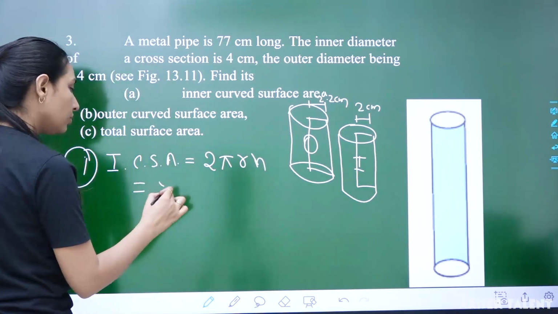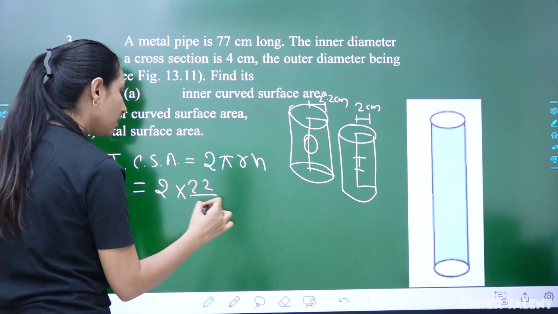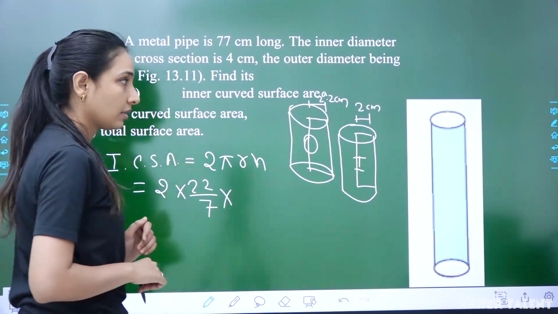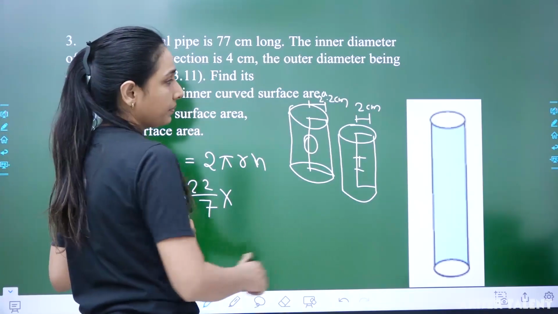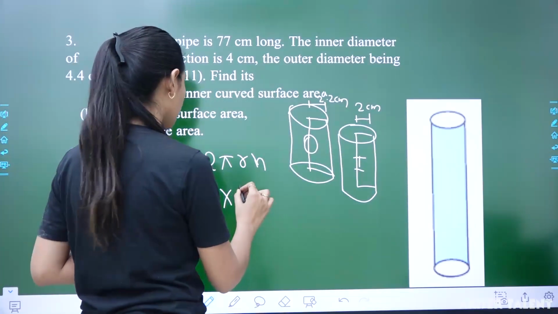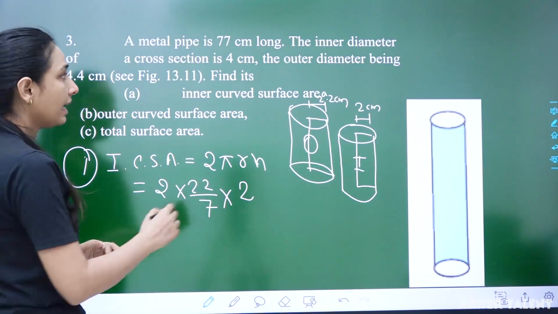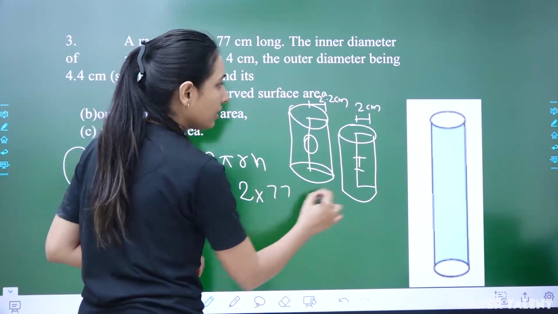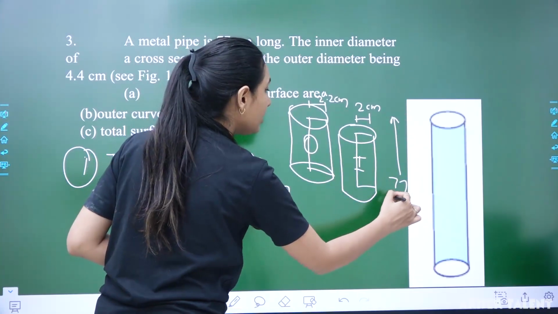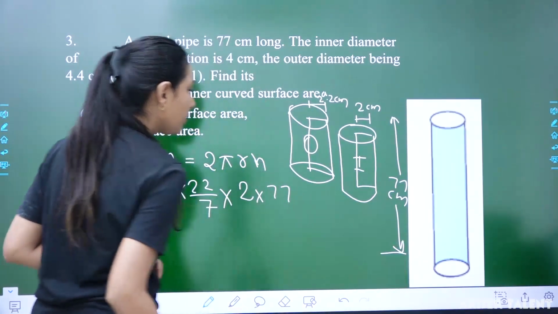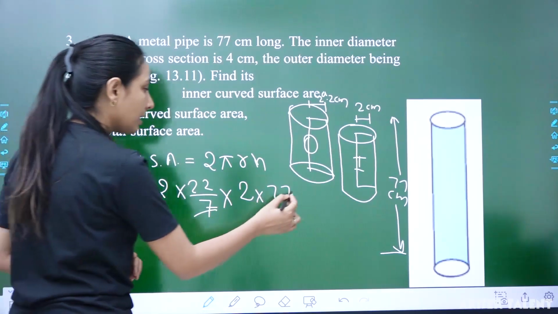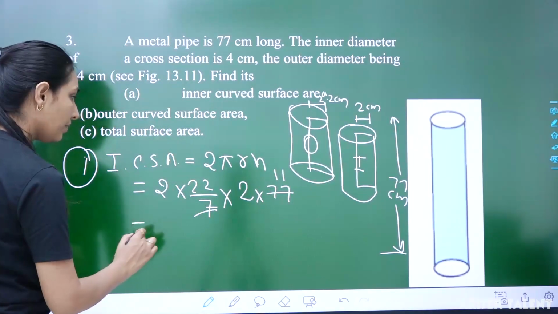In this case 2 is 2, pi is 22 by 7, radius r. Radius r is what? For inner it is 2 centimeters, right? And then h is given as 77 centimeters. So units are the same, so we need not worry about that. So it will cut by this 11 times.